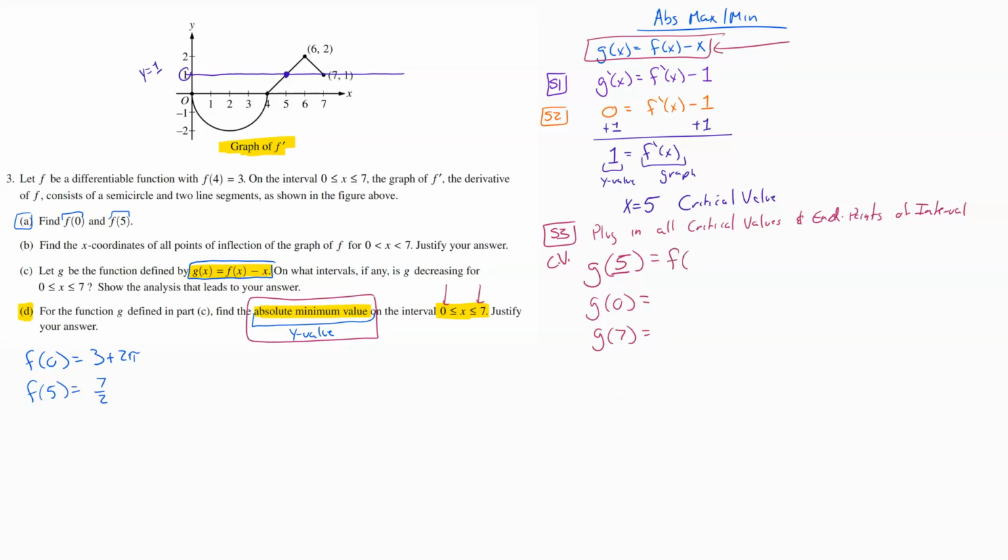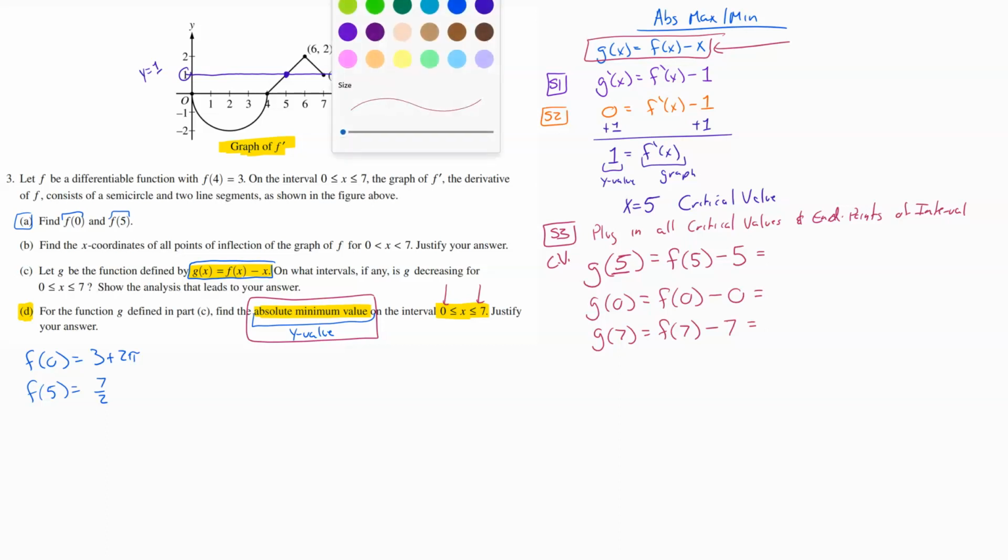So on this one, I need to know what is f of 5 minus 5 going to equal. On this one, f of 0 minus 0. And on this one, f of 7 minus 7. And once I know those values, then I can compare them and pick the smallest value for my absolute min.